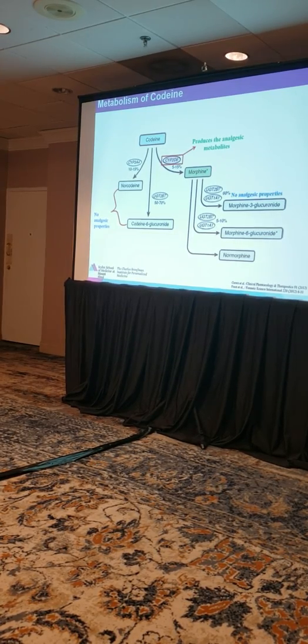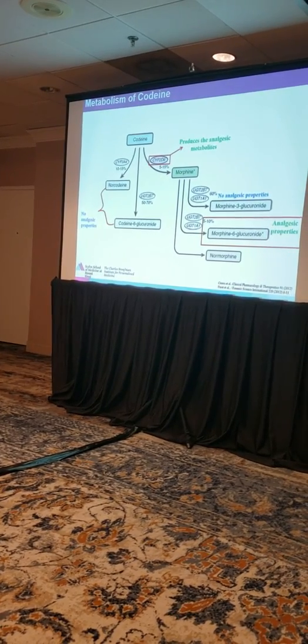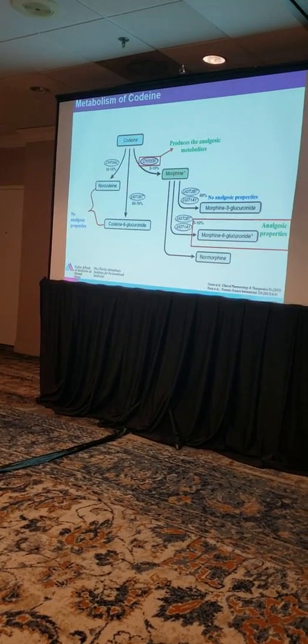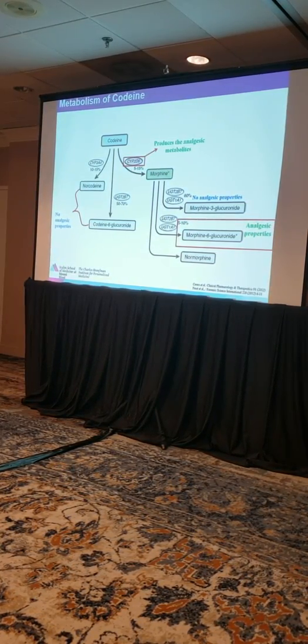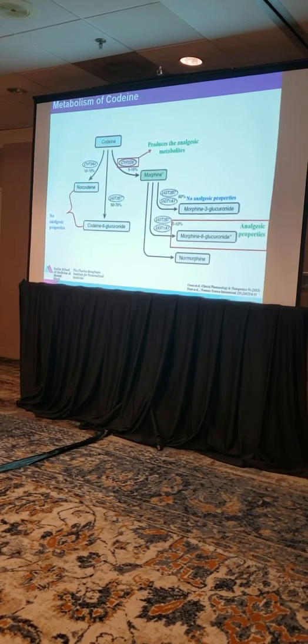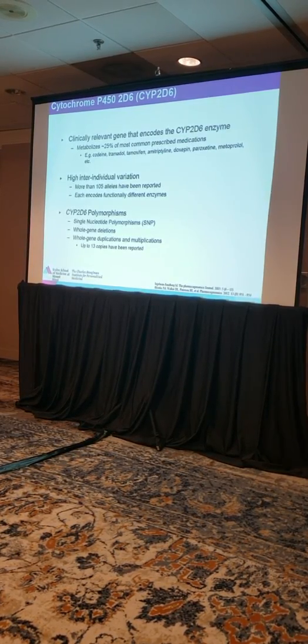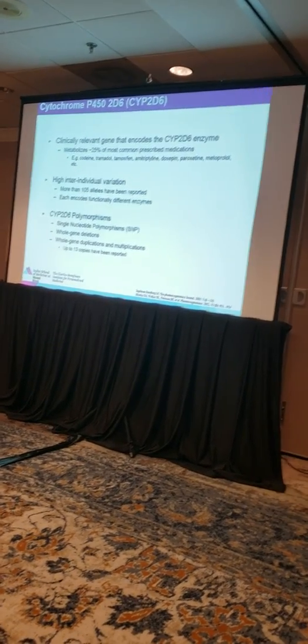With morphine, you can have morphine-3-glucuronide, which has no analgesic property, but morphine-6-glucuronide also has analgesic properties. So this is why we are concerned with CYP2D6 polymorphisms in these patients. CYP2D6 tends to be one of the most clinically relevant genes that encodes the CYP2D6 enzyme.